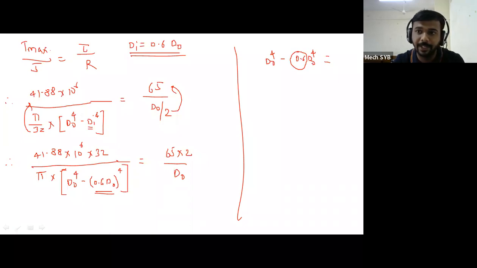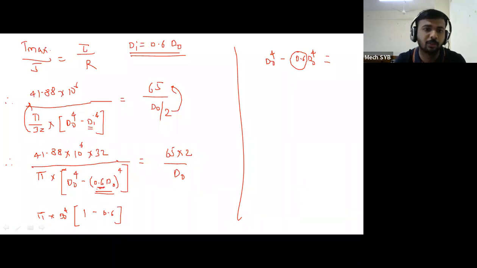By mistake what happens, see, do raised to 4, we take common outside from this. That is, from this, pi into do raised to 4, if I take it out of the bracket, then what is left here is 1 minus 0.6. But you have to make the raised to 4 of 0.6 also, because total di value is equal to 0.6 into do. Don't make the raised to 4 of do term only. You have to make the raised to 4 for this 0.6 also.